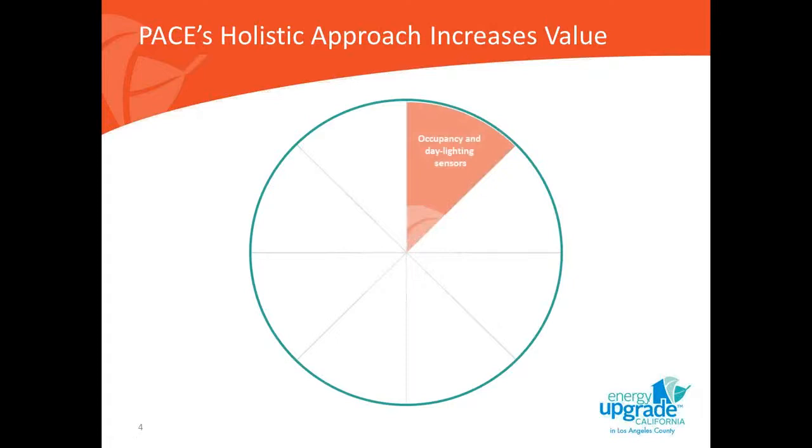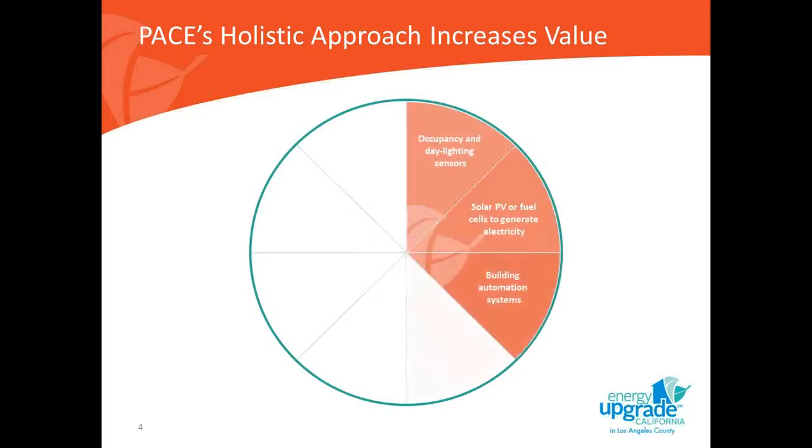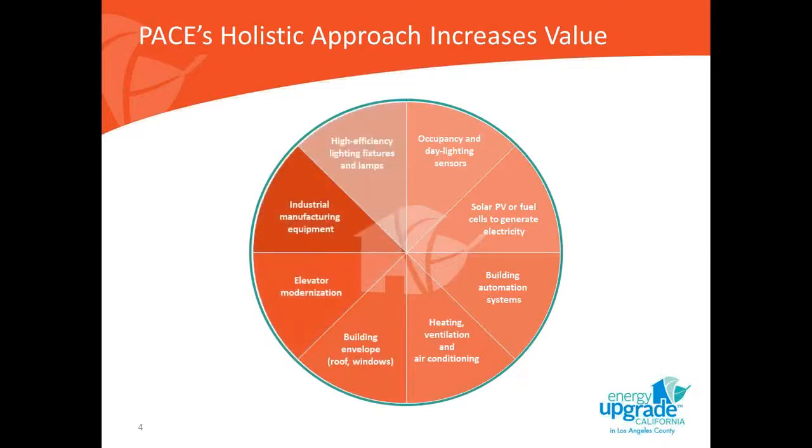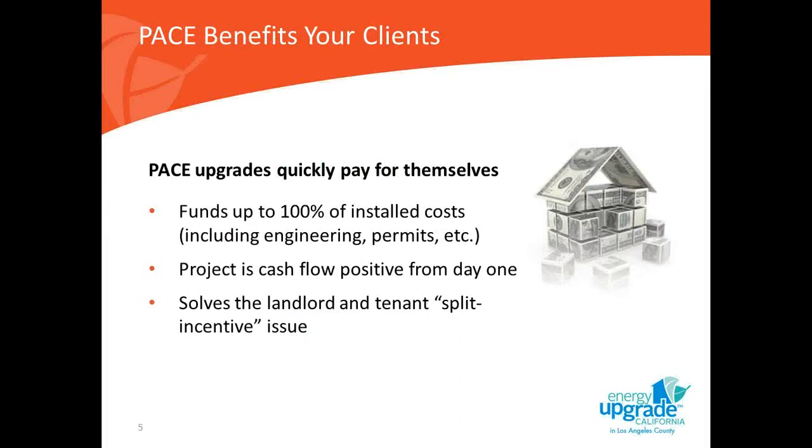This is status quo for most commercial properties, but we can start layering in other elements to the project and fund these simultaneously, phase in the improvements over the construction schedule and finance them together, and all of a sudden you've got a very holistic project. You're maximizing the savings and getting a much more deep and holistic project done.